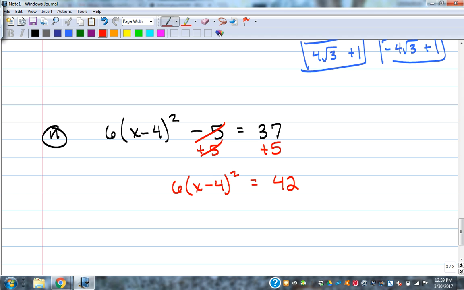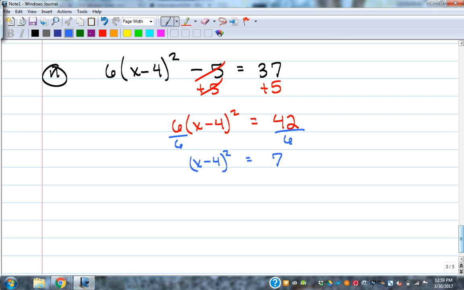Then I'm going to divide by 6 because the squared part's not by itself yet. It's got that 6 hanging on the front. So that's (x - 4)^2 is equal to 7. And then we take the square roots. Square root of 7 doesn't work out real nice, does it?